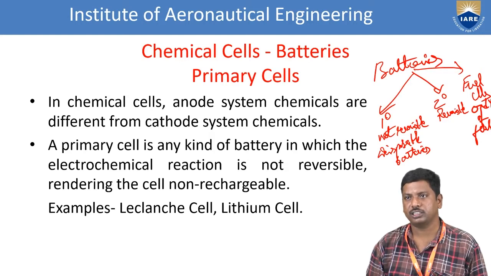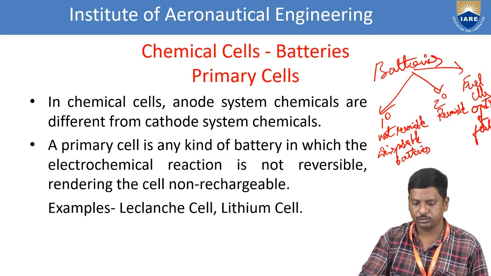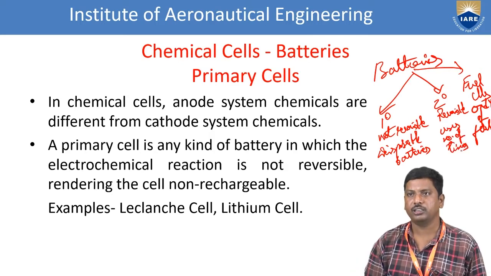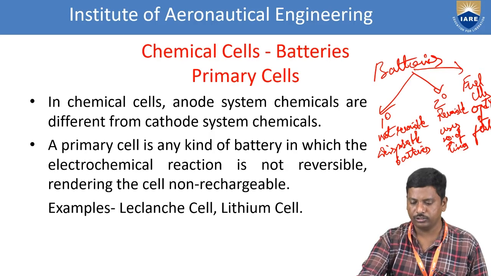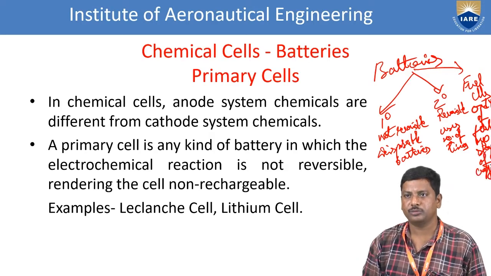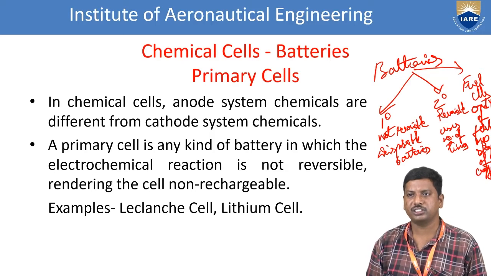So in secondary cells, charging the batteries is possible, and they can be used a number of times. In fuel cells, there is no storage of energy. This is the main classification and differentiation between primary cells, secondary cells, and fuel cells.